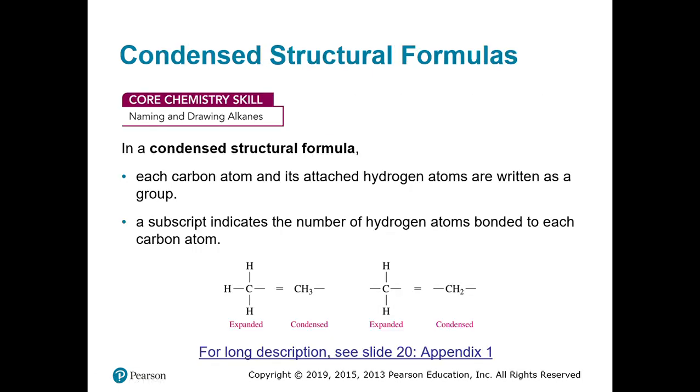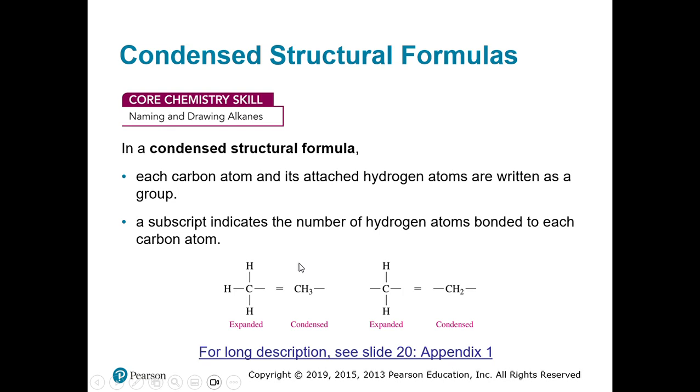For a condensed structural formula, we have already learned that each carbon atom and its attached hydrogens are written with the respective numbers, and the subscript indicates the number of hydrogen atoms bonded to each carbon. So if we consider the expanded formula for this carbon, it has 3 hydrogens attached.